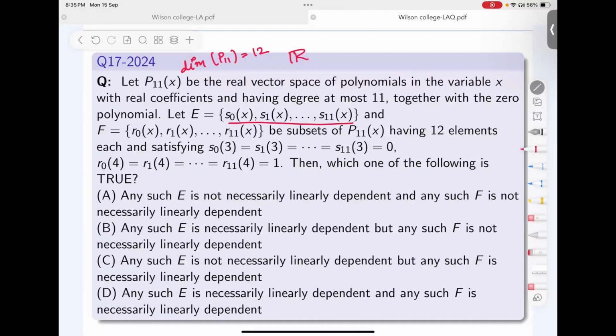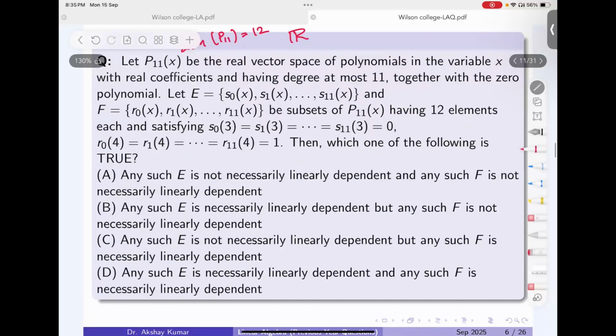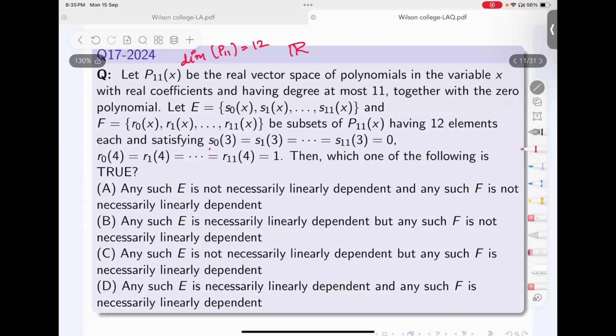And again, F is a set, and how many members are there? 12. So both sets have equal numbers of members, and the number is 12. Now they also satisfy these conditions, right? Then which one of the following is true?